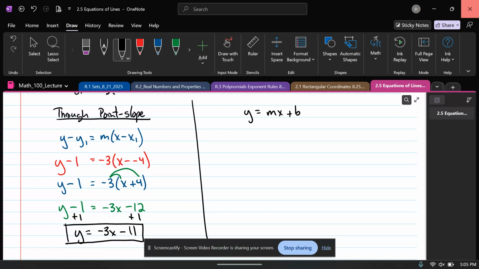Now, if I start with slope-intercept form, I know the slope, but I don't know the y-intercept if I'm starting there. So I'm going to plug in the slope of negative 3. And then I'm going to take that ordered pair, negative 4, positive 1, and put the negative 4 in the place of x and the 1 in the place of y.